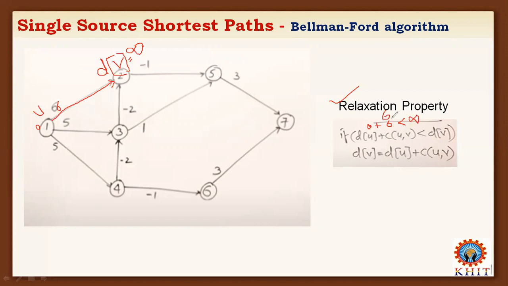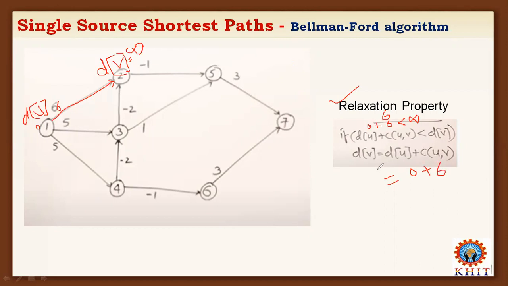If the condition is true, in this case d of v, distance of v, is considered as d of u plus cost from u to v. What is d of u? D of u is 0, 0 plus cost from u to v, cost is 6.